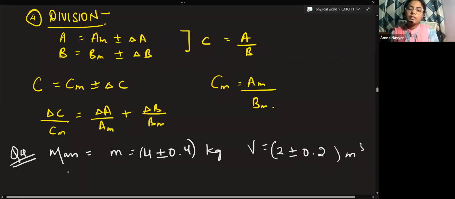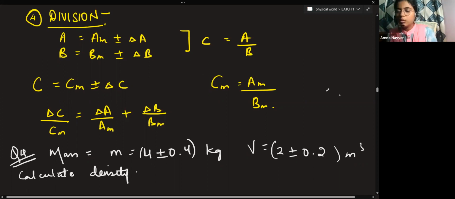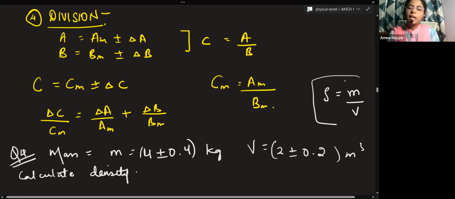Volume is given, the mass is given. You have to calculate density. Now, formula of density, who don't know, density is mass divided by volume. This is the formula of density. Try to give me the answer.